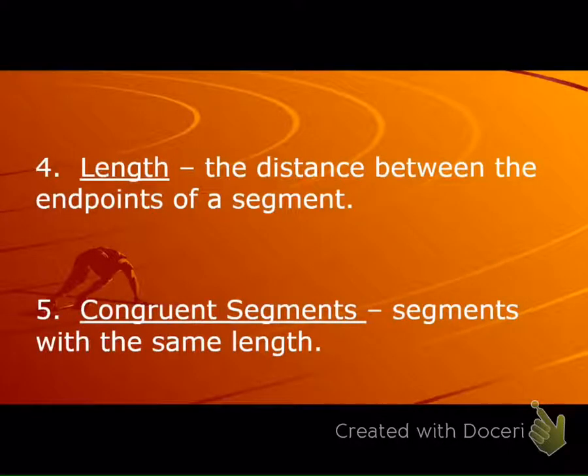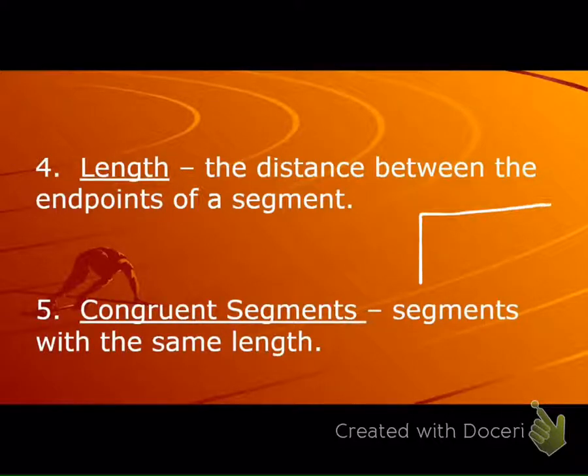Length is the distance between the endpoints of a segment, which we'll get more into in a little bit. And then congruent segments are segments with the same length. If segments have the same length, they will be marked the same.